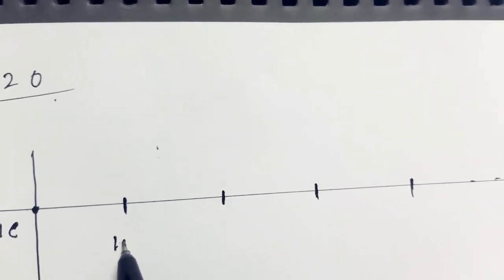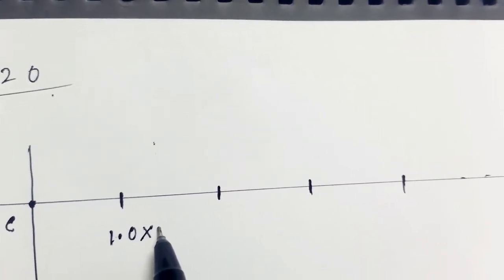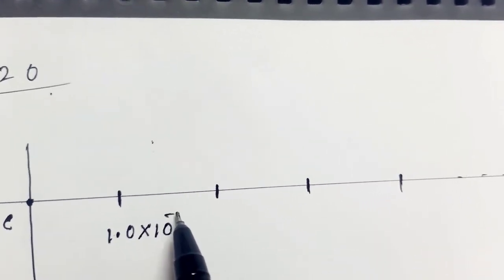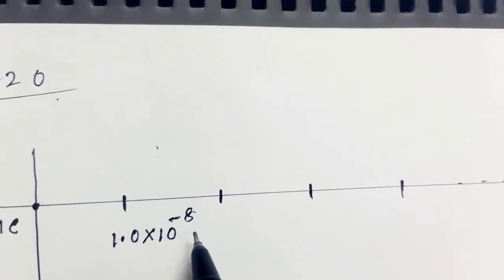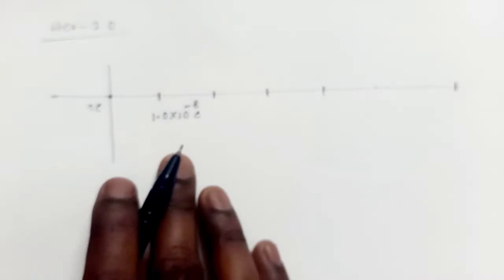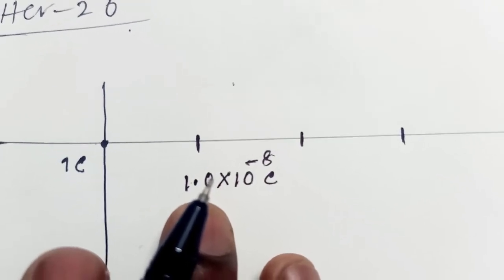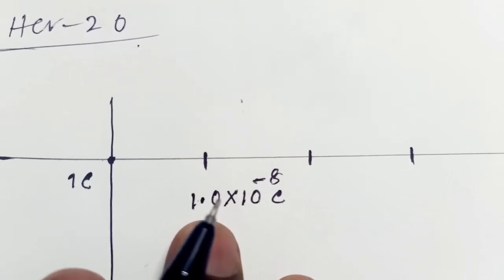If there is a problem, you can pause, work out the numericals, and then see the answer. That will be the better way to realize all the questions and answers.